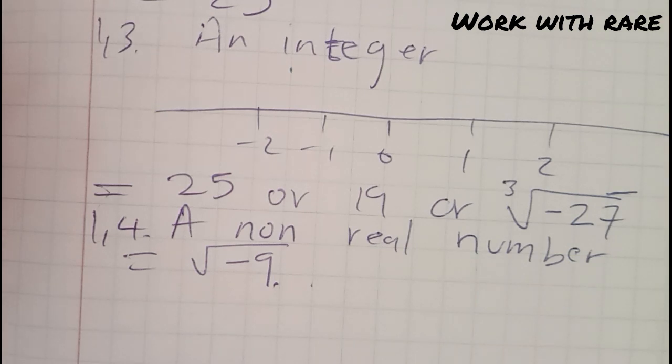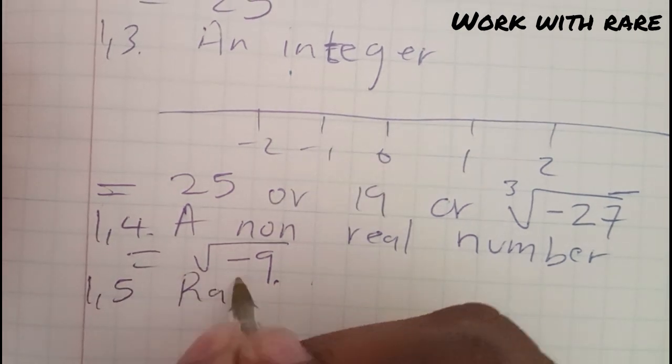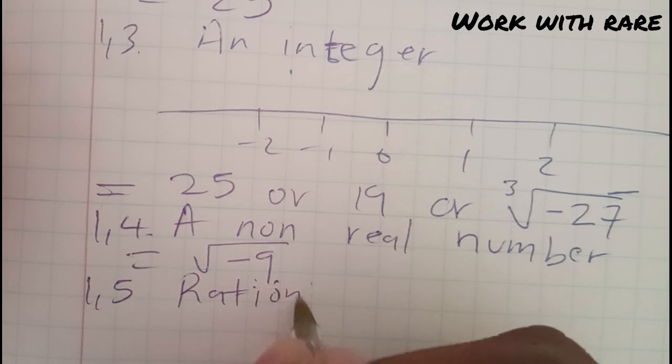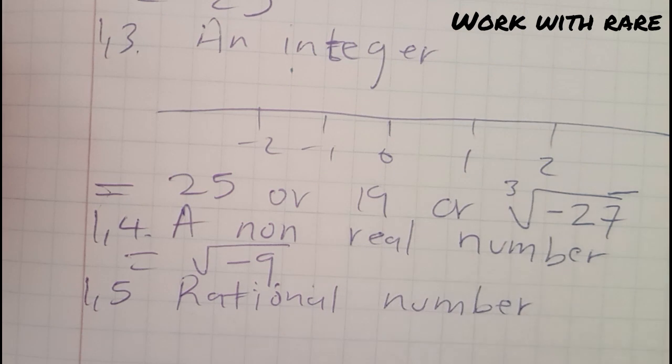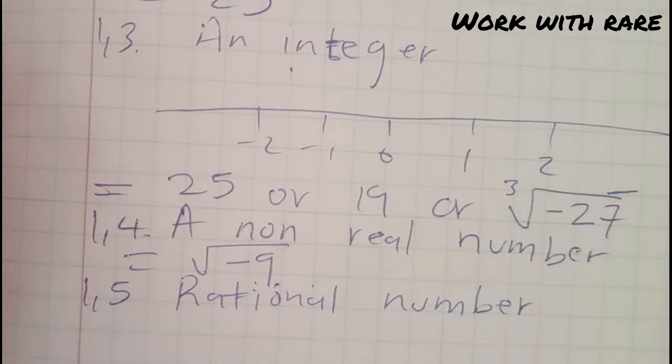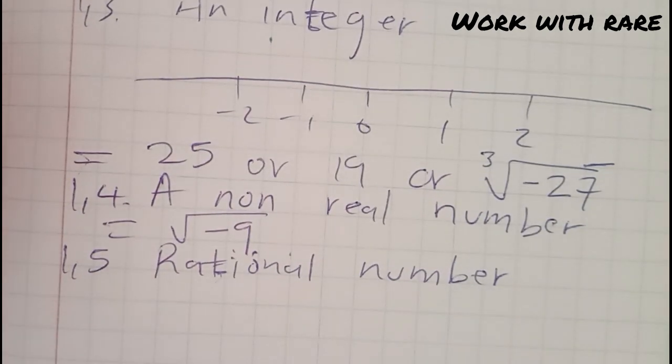Okay, so number 5, it says a rational number. Okay, so this is T. So when we are talking about a rational number, those are numbers that give us decimals.